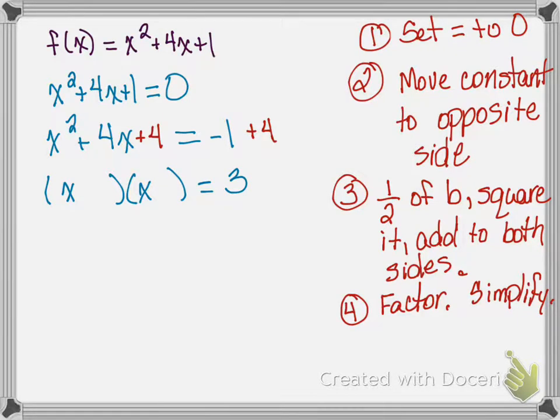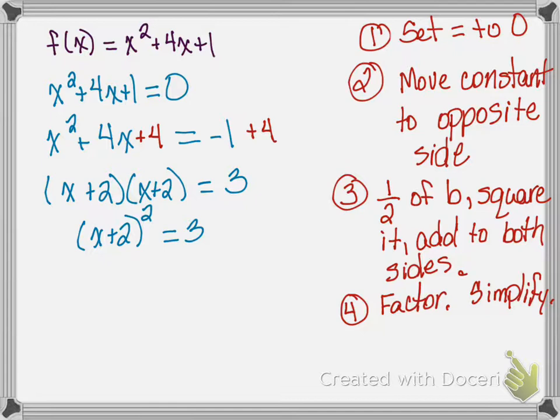A lot of students know that this is going to be a perfect square trinomial, and so they don't write that step right there. How else could I write this? Instead of x plus 2 times x plus 2, what could I write? Excellent. x plus 2 squared. Now, x plus 2 squared equals 3.